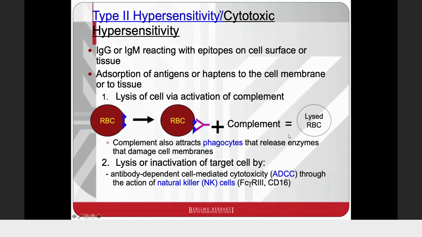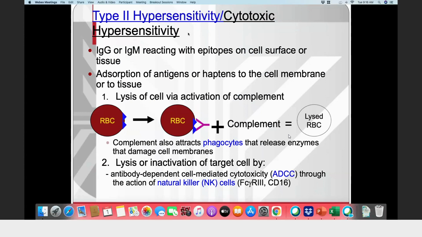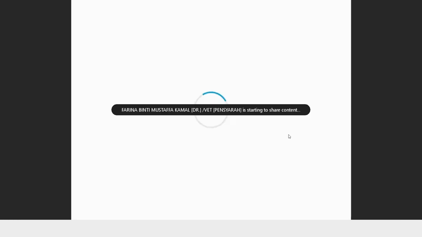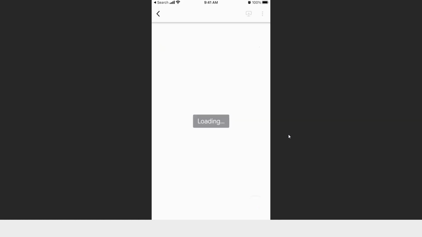Okay, so let me try to draw. Can you see my screen?